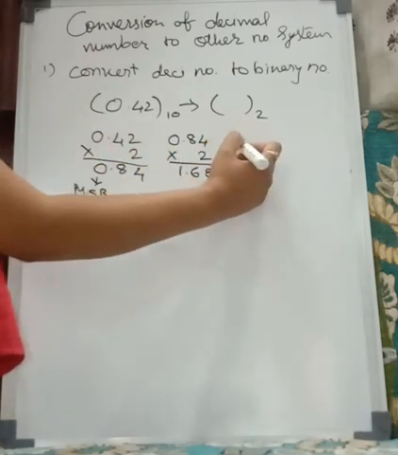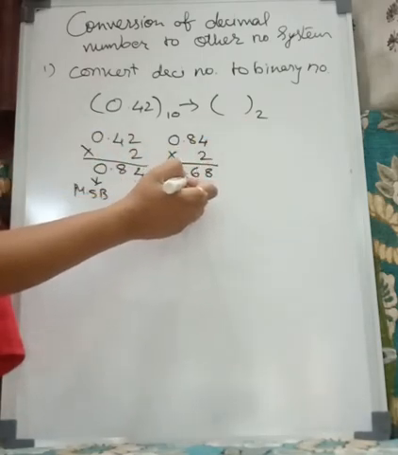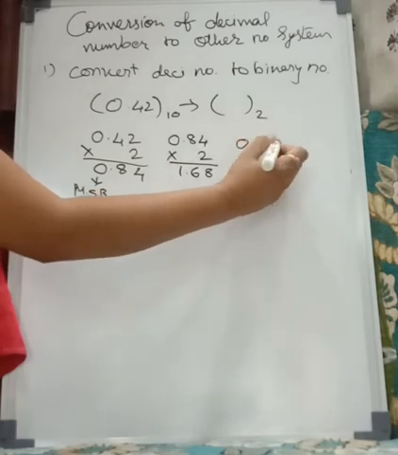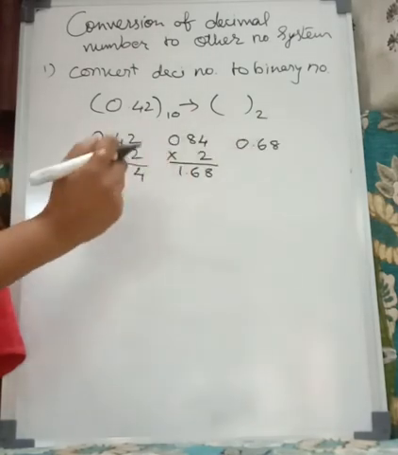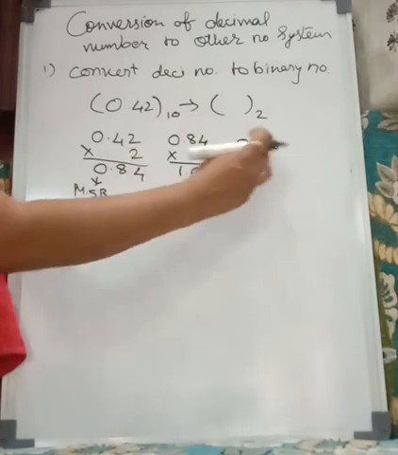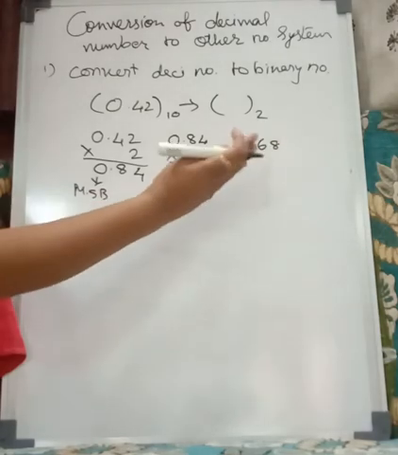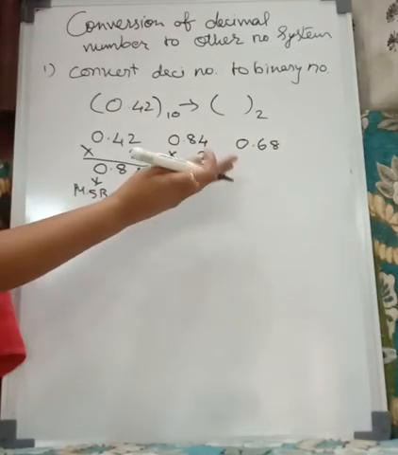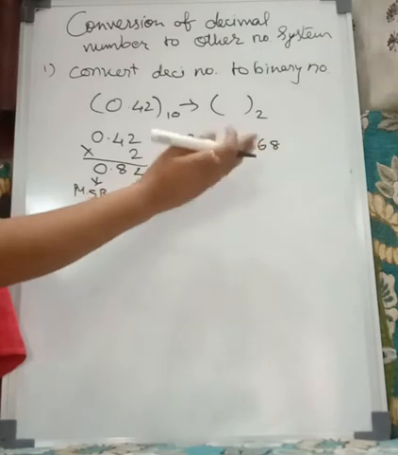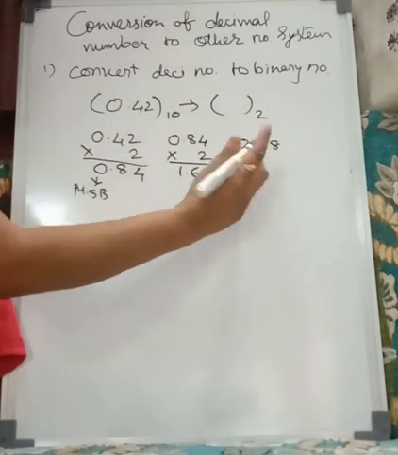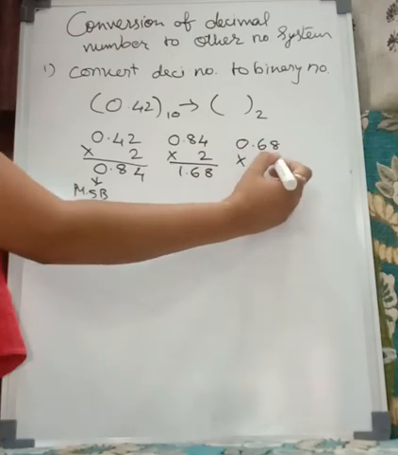Okay, then if we write this, this will be 0.68. When I multiply 1.68, the digit that comes is the carry 1, and that will not be included in the binary number, so that carry is dropped. That's why we take this as 0.68, and again multiply it by 2.